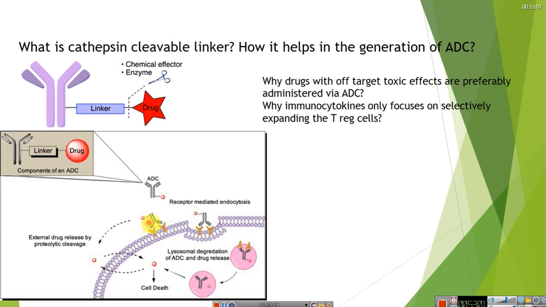So this antibody will bind and then get internalized in the cell, and this cathepsin, because it's a lysosomal enzyme, will degrade the linker and the drug will be released and cause cell death. Okay, so that way this antibody dependent cytotoxicity will be carried out or facilitated.